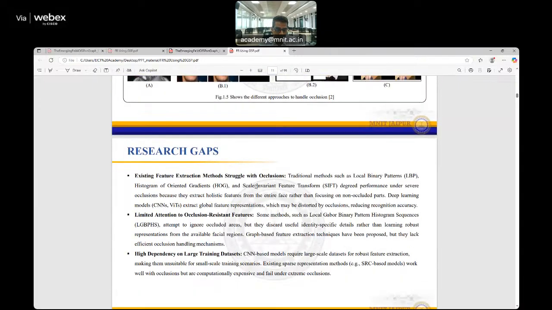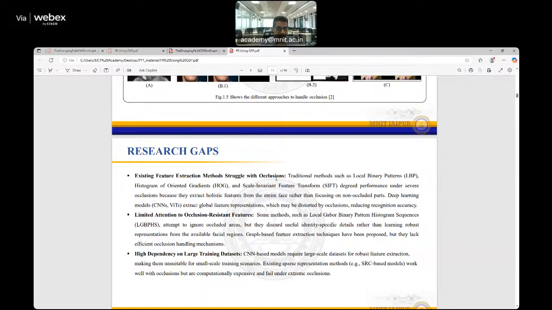So these are basically the research gaps. What are the research gaps in face occlusion? Here the existing feature extraction methods struggle with occlusion.